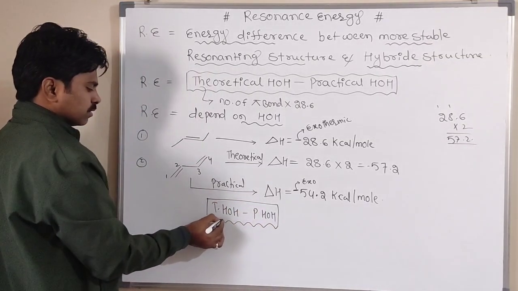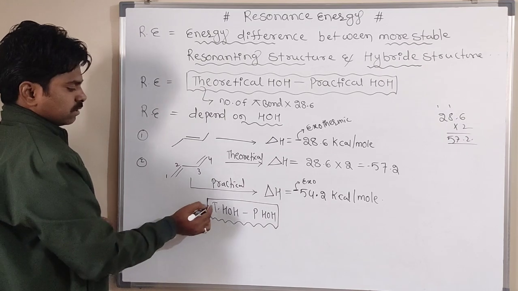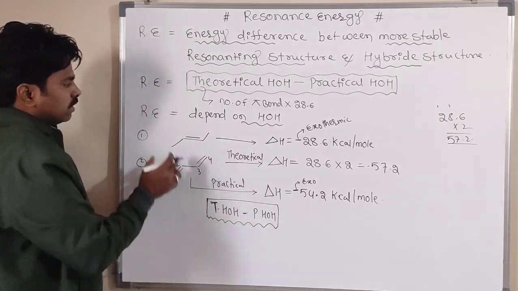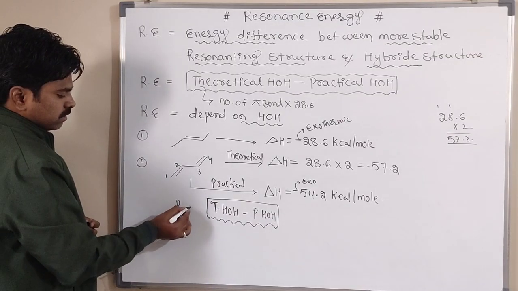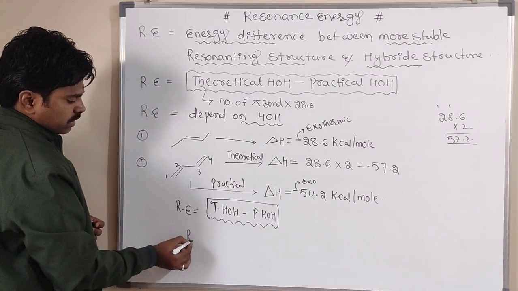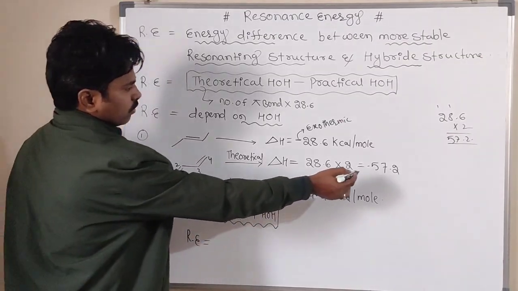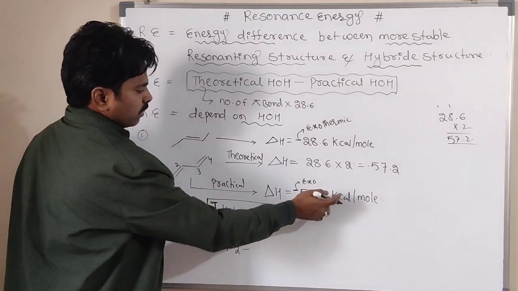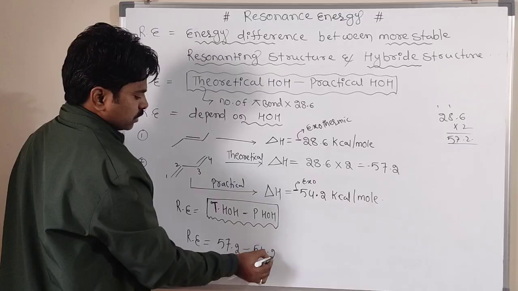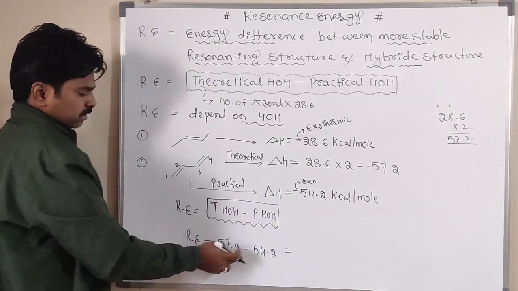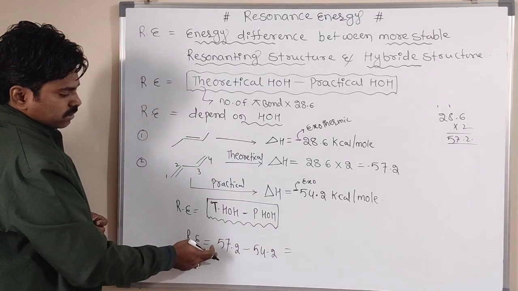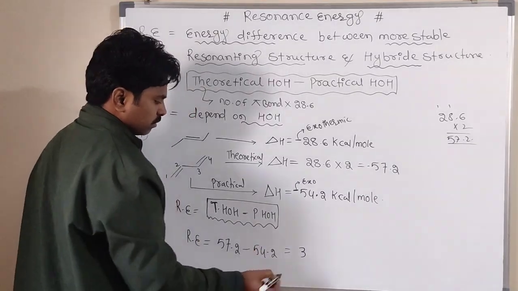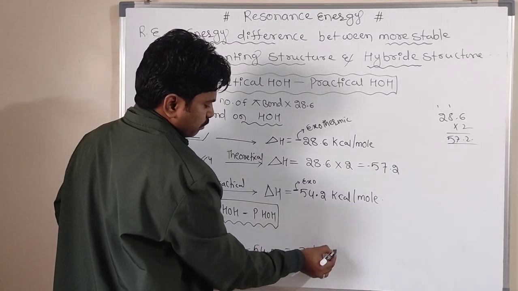So theoretical heat of hydrogenation minus practical heat of hydrogenation. When you substitute the values, we are getting the resonance energy. So resonance energy is equal to theoretical value 57.2 minus practical value 54.2. So it means 3 kilocalorie per mole.